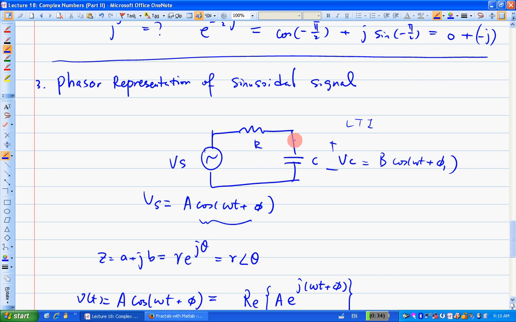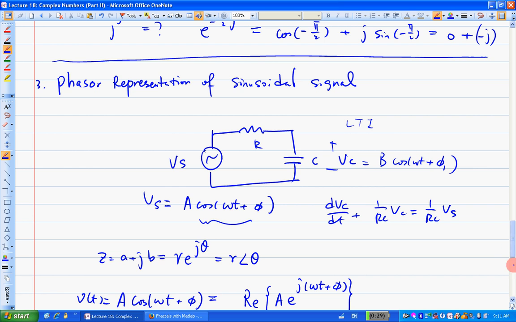Because the RC circuit is a linear first order ODE: dVc/dt plus 1/RC Vc equals 1/RC Vs. R and C we consider constant, so there are no time varying parameters. That's why I call it an LTI system.